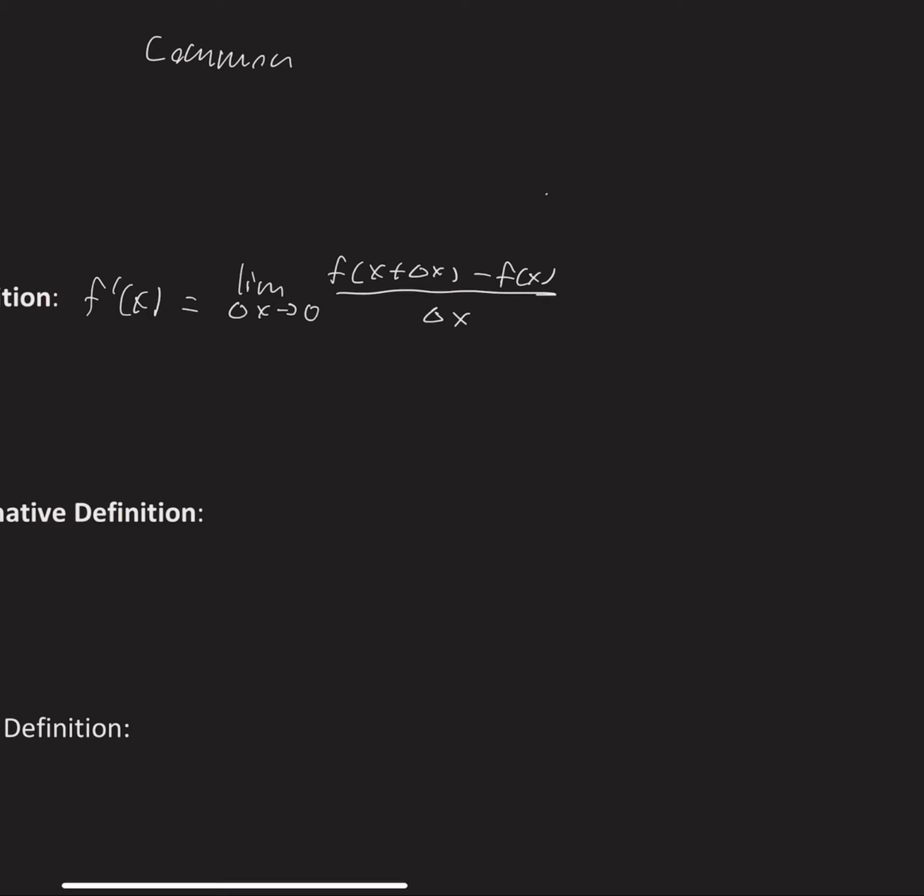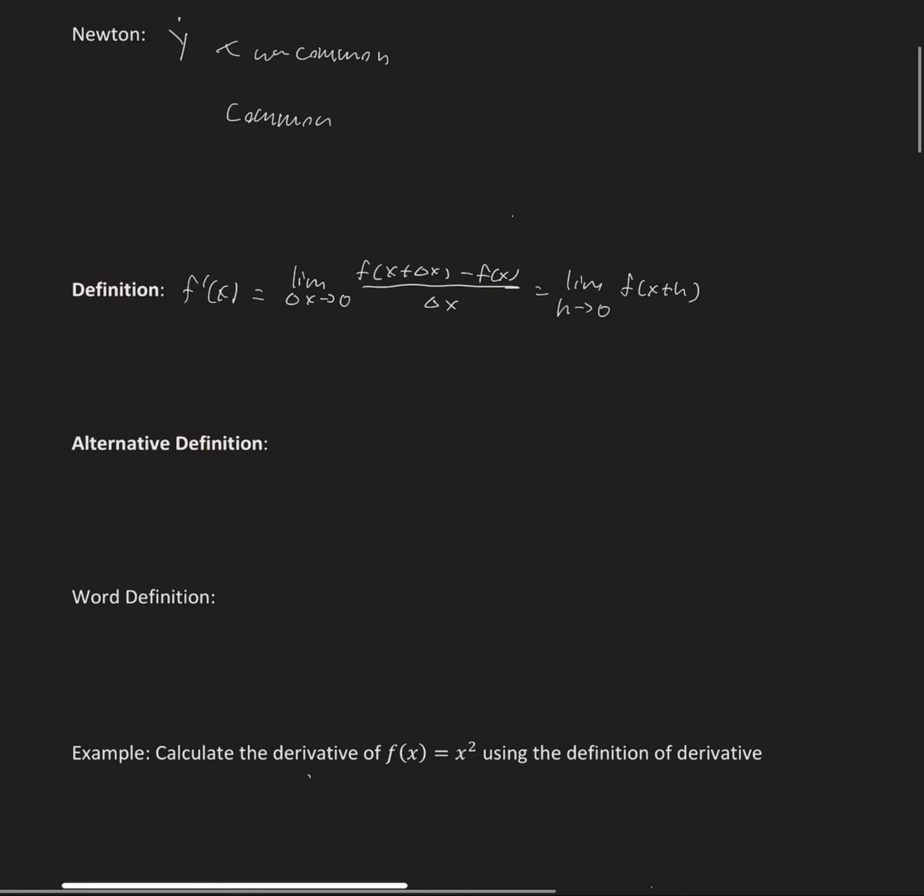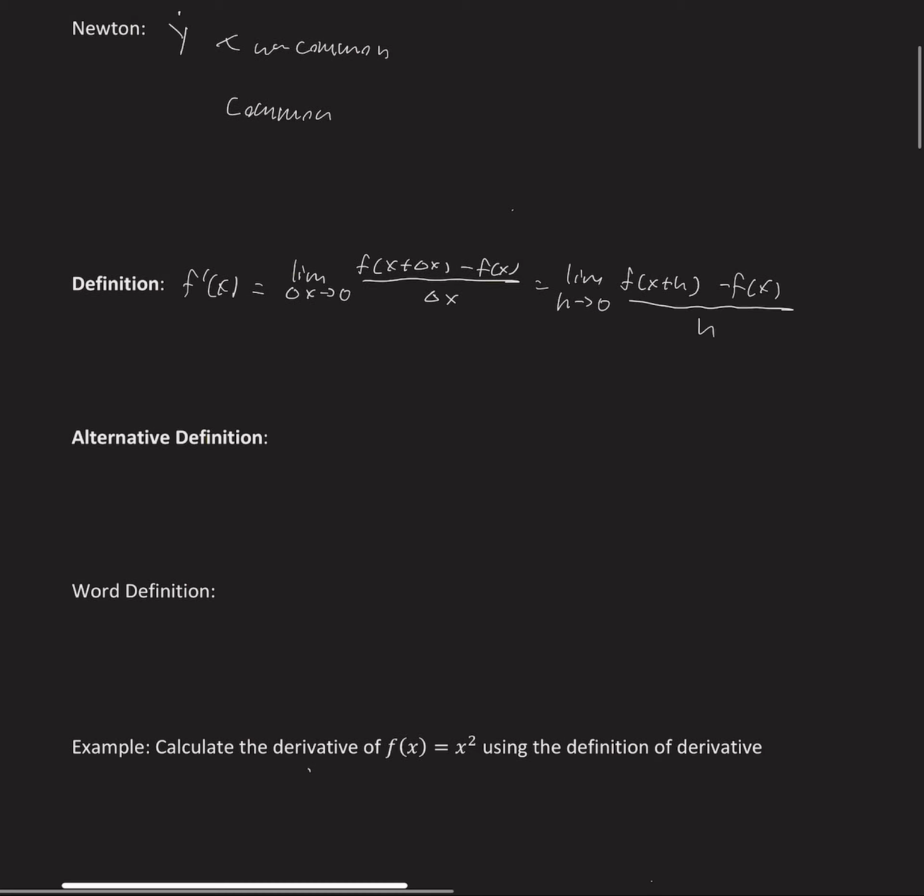But your teacher may write it as the limit as h approaches 0 of f of x plus h minus f of x divided by h. Both are fine to use.